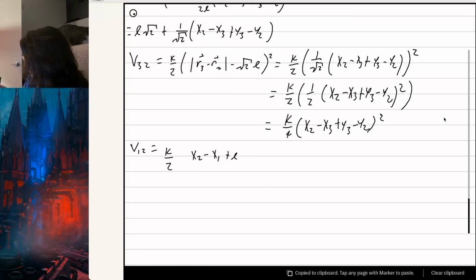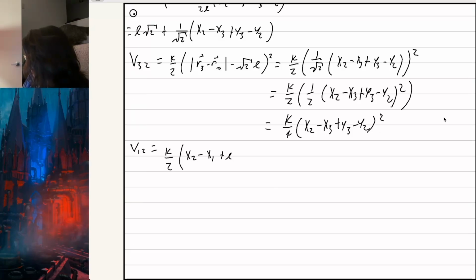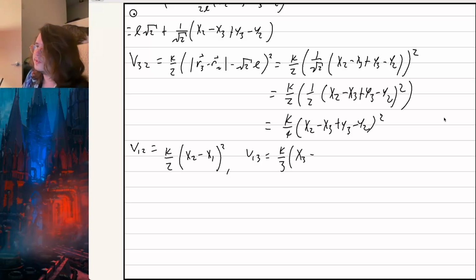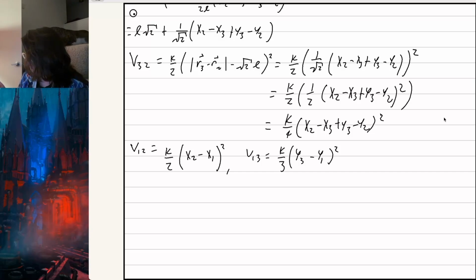So it's actually done away with. That's squared. And the V13 term, similarly, the stuff is going to cancel out. So, what was it? Just y3 minus y1 squared.